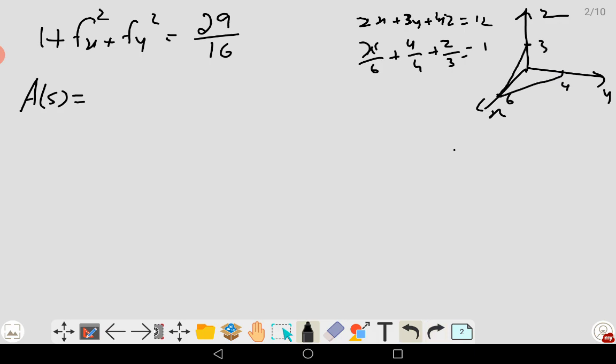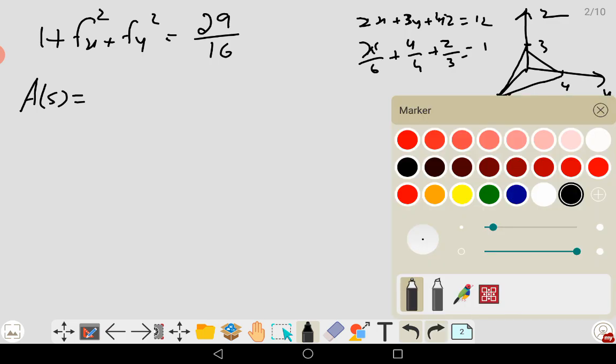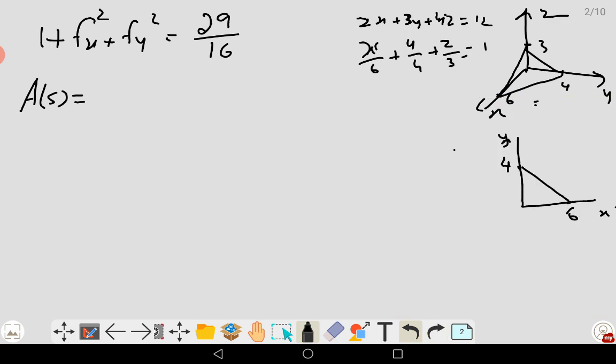Now when you project it on the xy plane, it will be a triangle on the xy plane. This is x, this is y. x 6 units, y 4 units. So the equation of the straight line which touches x at 6 and y at 4 is x over 6 plus y over 4 is equal to 1.